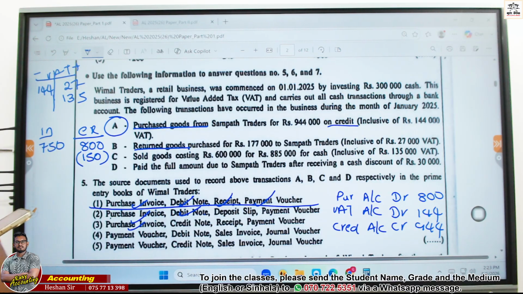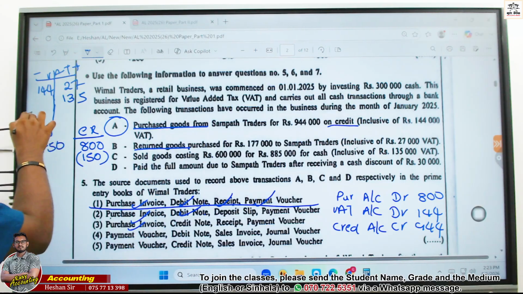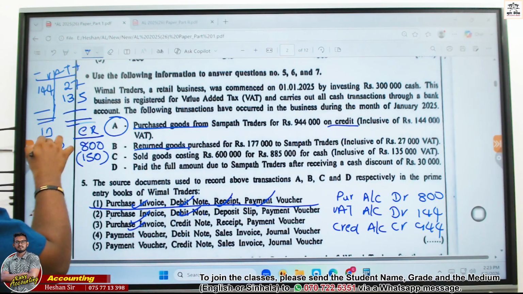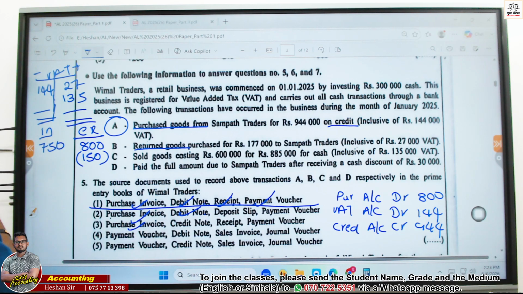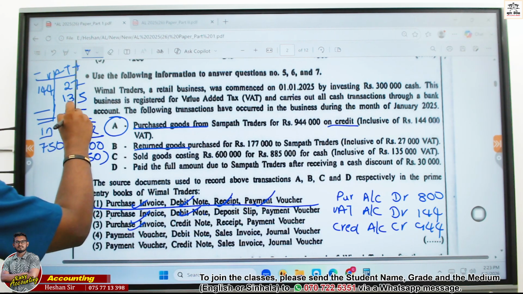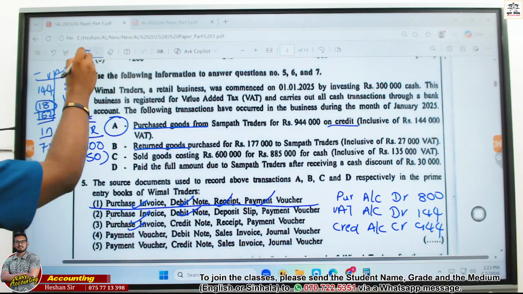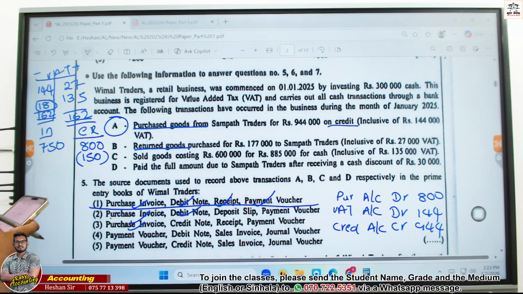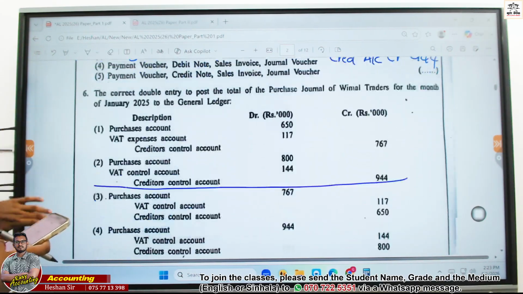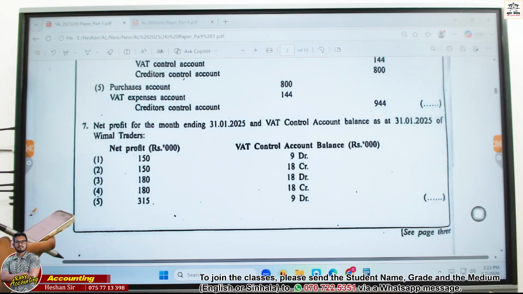Now, can you tell me how much the VAT control account balance? 135 plus 27, that is 162, minus 144, that is 18. 18 goes to the credit, means it's payable. So for the seventh one, VAT control is 18 credit.